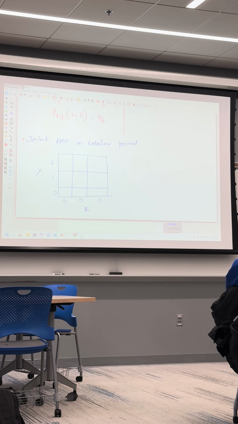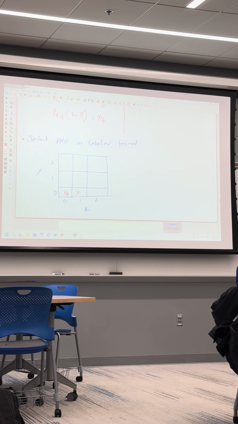So in tabular format, you write, this is your 1/4. This is 1/4.